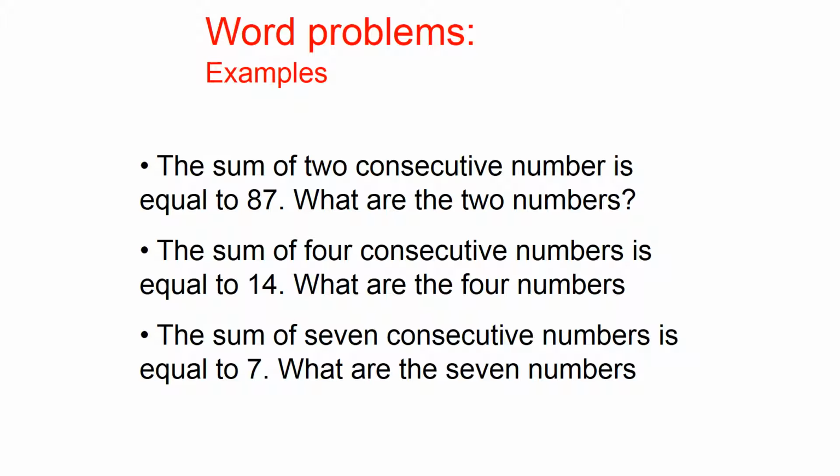Rearranging, if we take 3 from both sides, we end up with minus 2 equals A. So our first number is going to be minus 2.